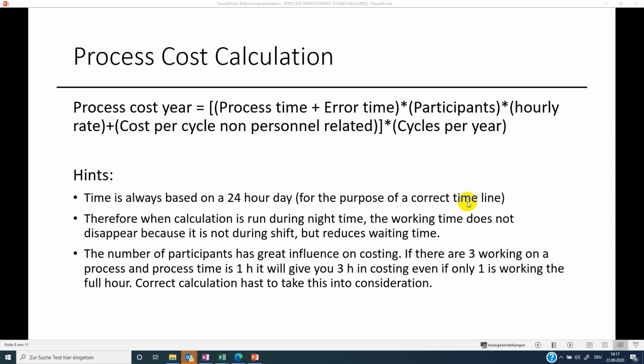However, what you need to understand also is the costing, correctly, how process costs per year are calculated, and that is an easy formula.